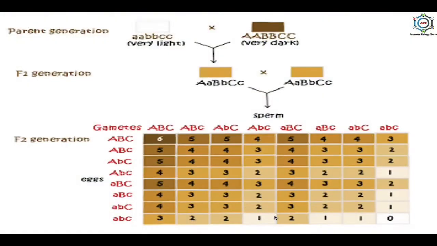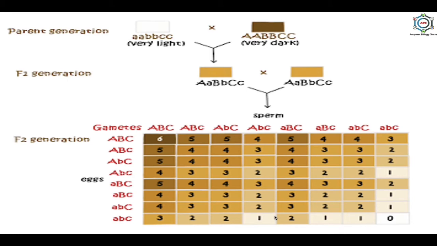Now, here you can see the human skin color is believed to be controlled by at least three separately inherited pairs of genes, that is capital A small a, capital B small b, and capital C small c, located in different chromosomes and inherited independently.